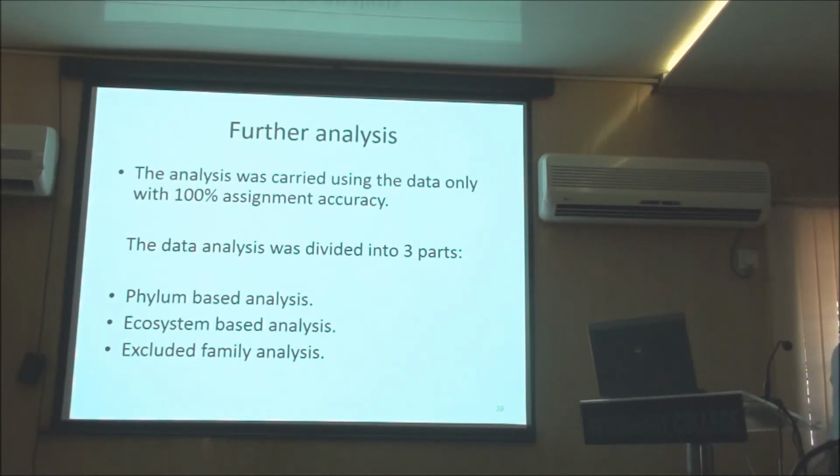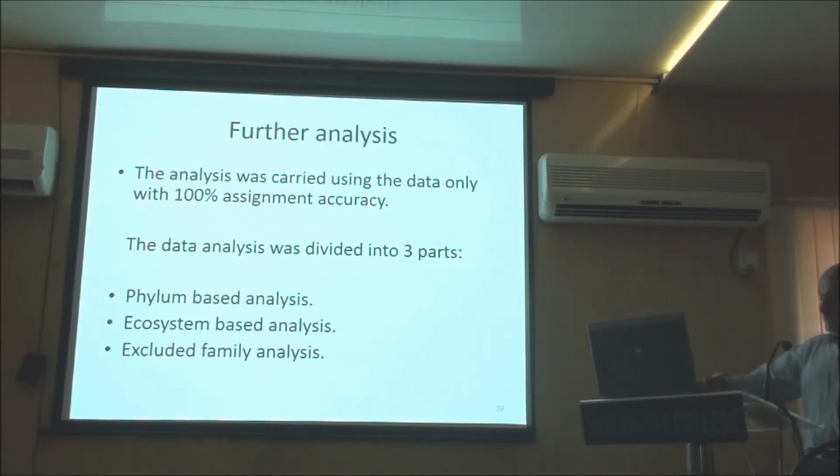So when we concluded that V3 region probably gives us the better taxonomic assignment for metagenomic studies, that was not enough. So what we also tried to answer was how good this region is: does it cover all the phyla with equal efficiency, and how well does it function with all the ecosystems. And in all the analysis there were some families which were excluded.